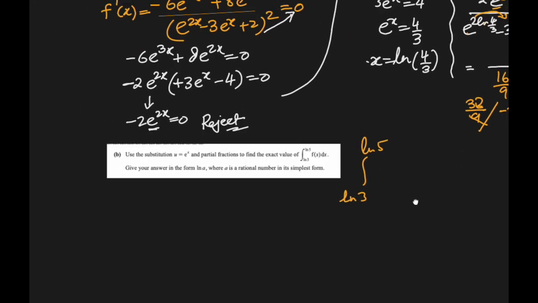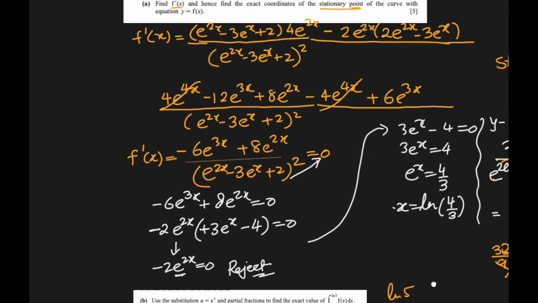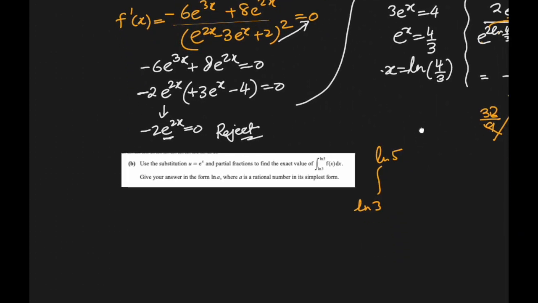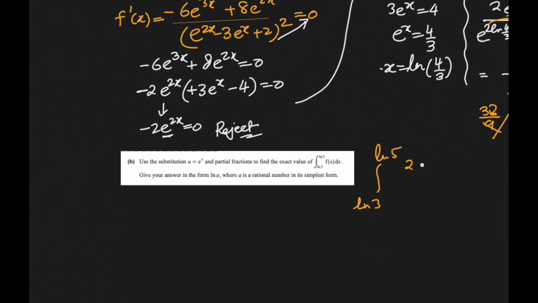Our equation was 2 e to the power 2x over e to the power 2x minus 3 e to the power x plus 2 dx. Okay, now they have asked us to substitute u equal to e to the power x.